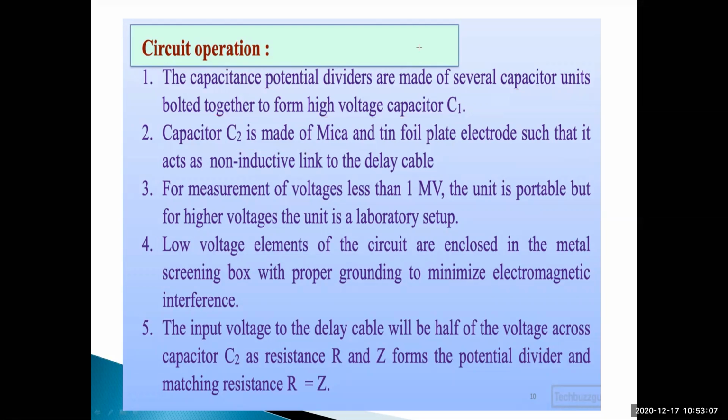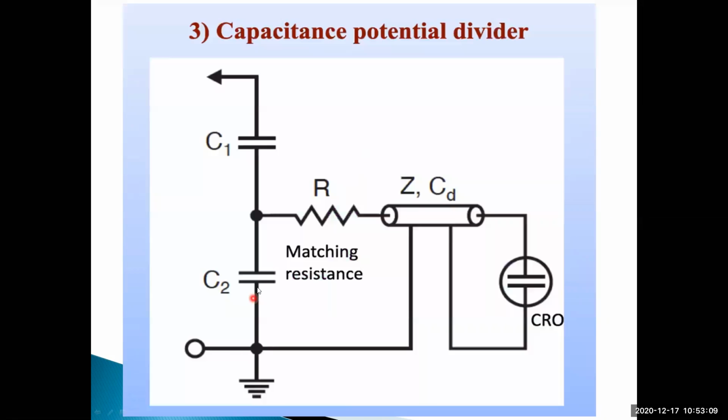Understood? One of the important concepts here is that C2 must be non-inductive. Then only can the errors because of inductance be minimized. C2 must be less inductive. Ideally it is possible, but practically it is not possible to be completely non-inductive, but we are trying to reduce the inductance effect in the circuit.